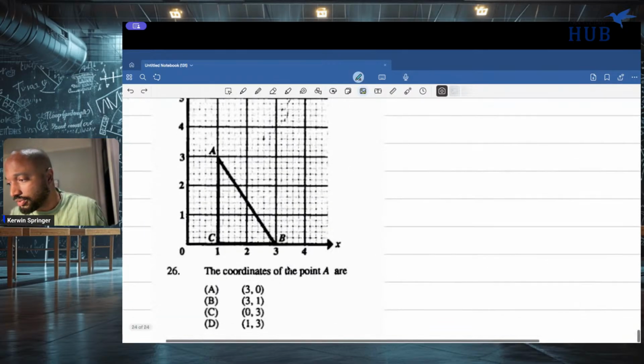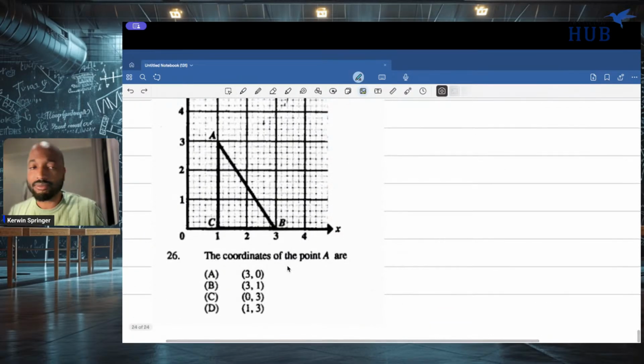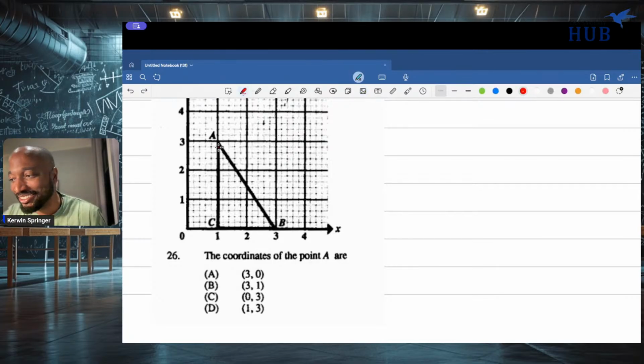The coordinates of the point A. I take back everything I said, because who doesn't know what the coordinates of A are? Who is this? Bella, is it you? Because, gosh, 1, 3.